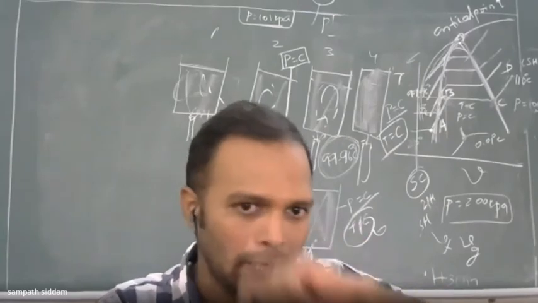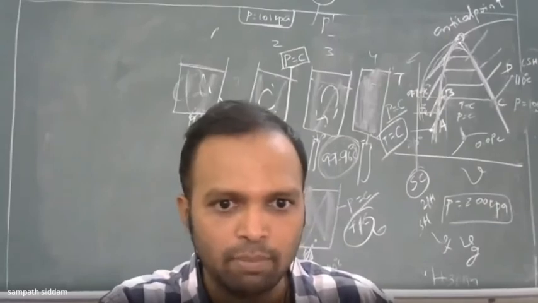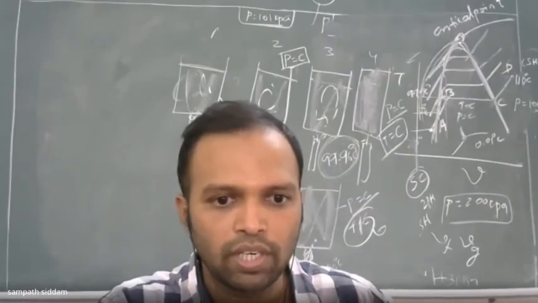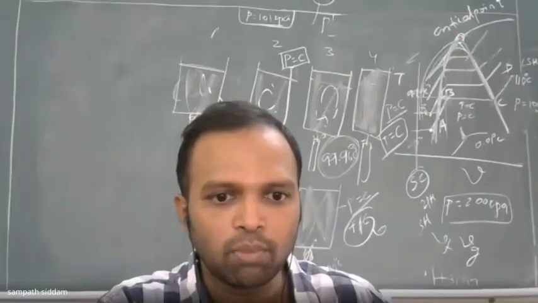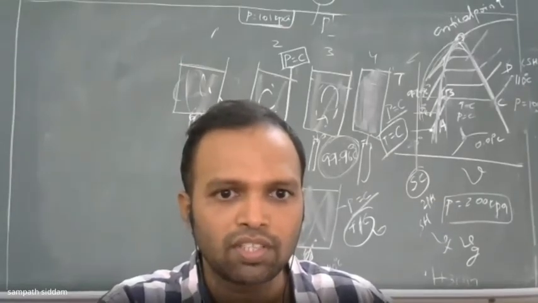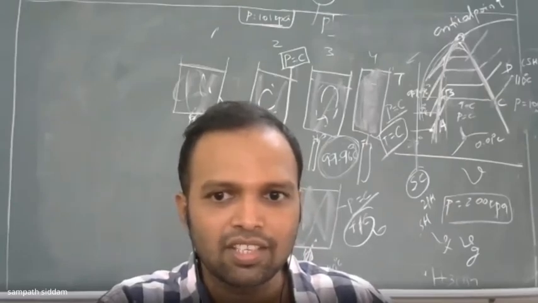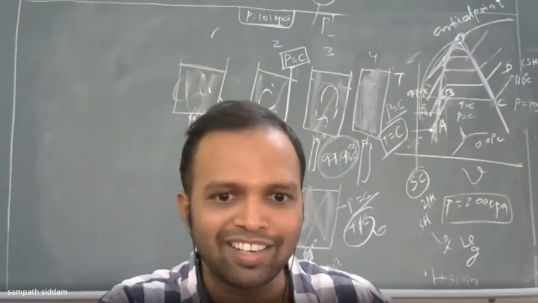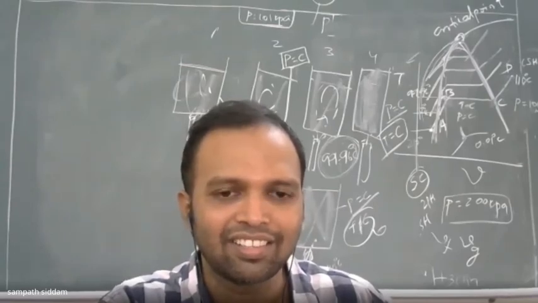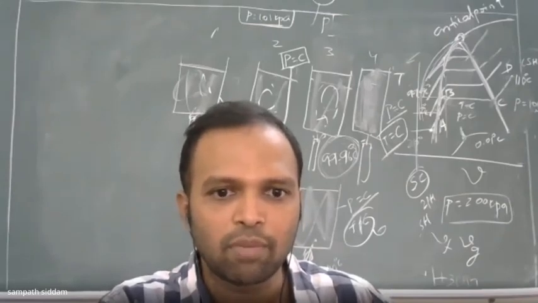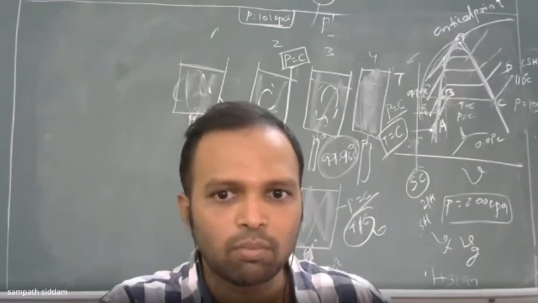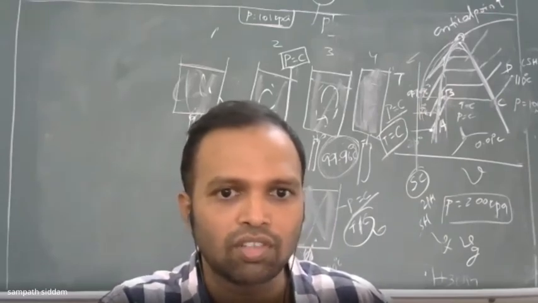Options given over here: critical and triple point. The first blank is the triple point and the second is critical. There is no change in phase; saturated liquid and vapor are identical. The triple point is merely the point of intersection of all those curves. This is correct.